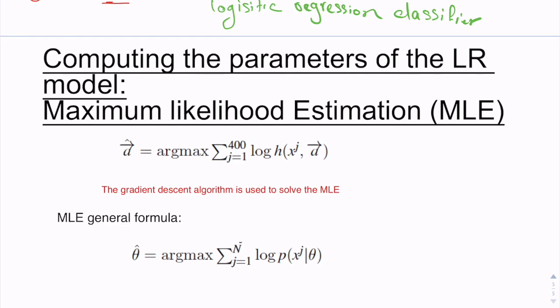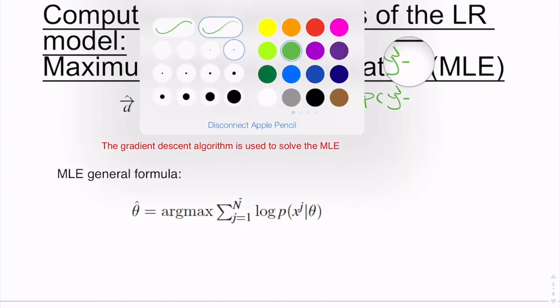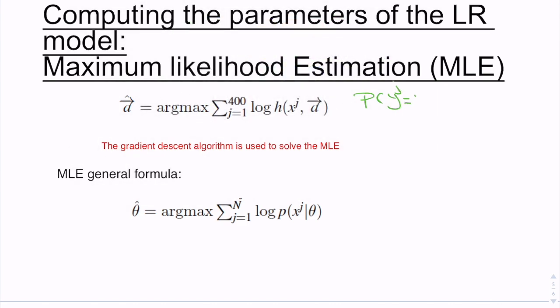So we said that the probability that y j-th is equal to 1, given input, is a function which has an input vector and the parameters vector. You want to compute the parameters vector. So how to compute the parameters?